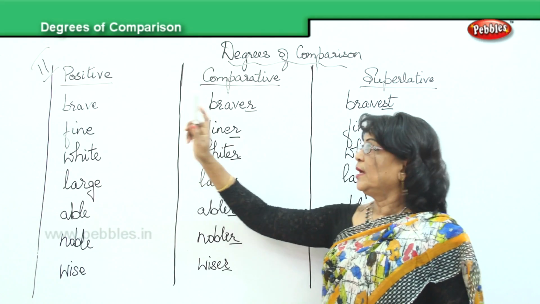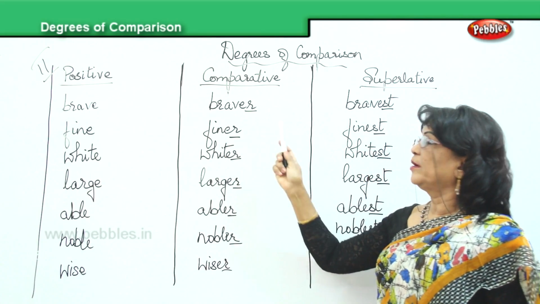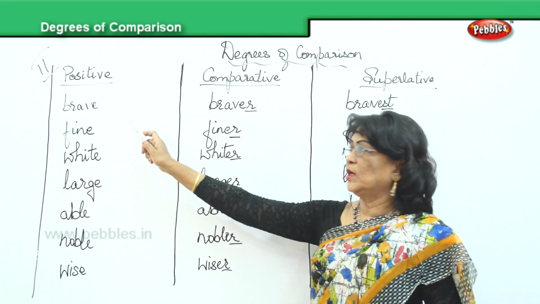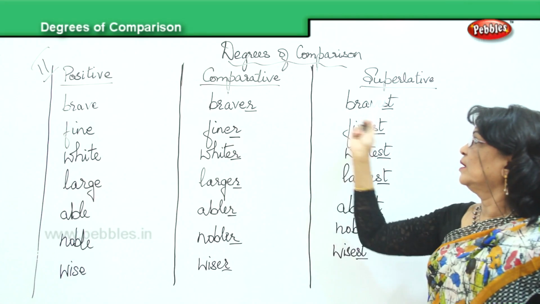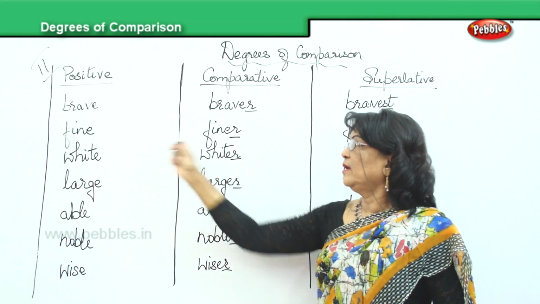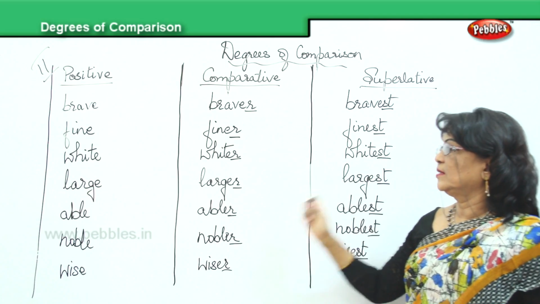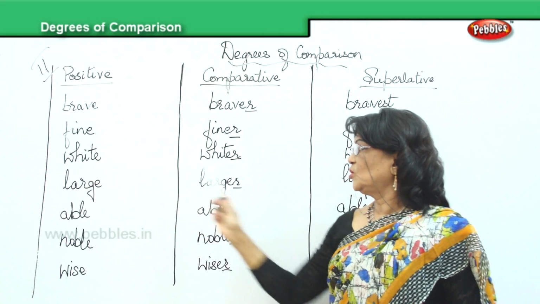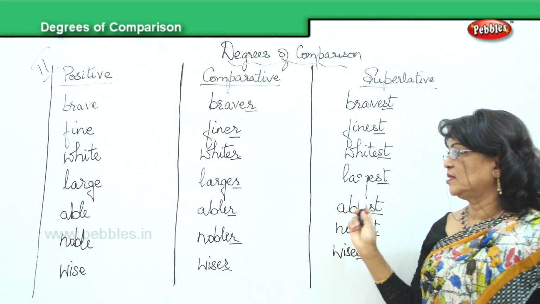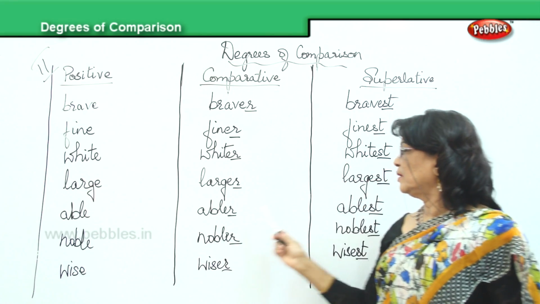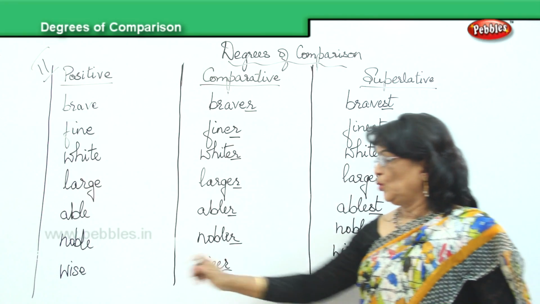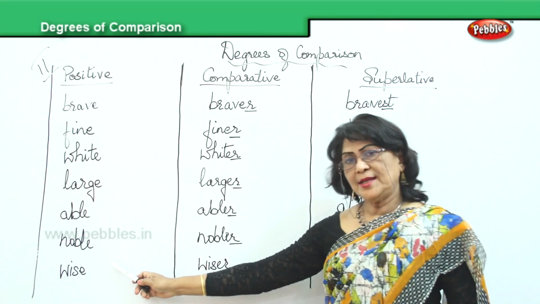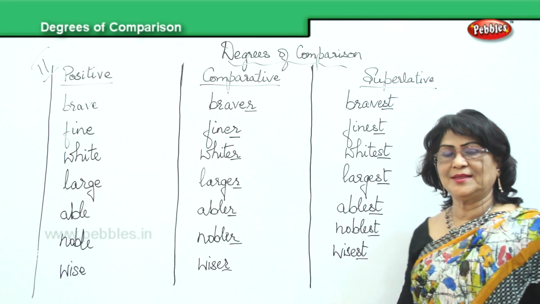Rule number 2: words ending in E take R for comparative and ST for superlative, and here are the words: brave, braver, bravest; fine, finer, finest; white, whiter, whitest; large, larger, largest; able, abler, ablest; noble, nobler, noblest; wise, wiser, wisest.